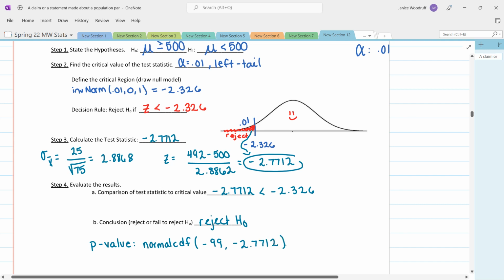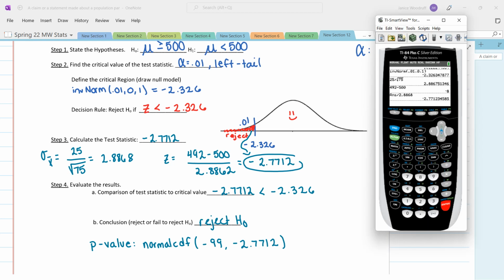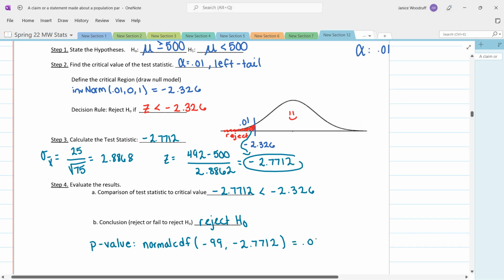Okay, because it's on that left side. And that'll give you 0.00280028. Okay, so that would be your p-value.